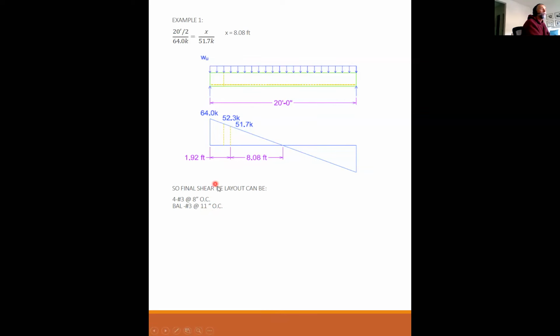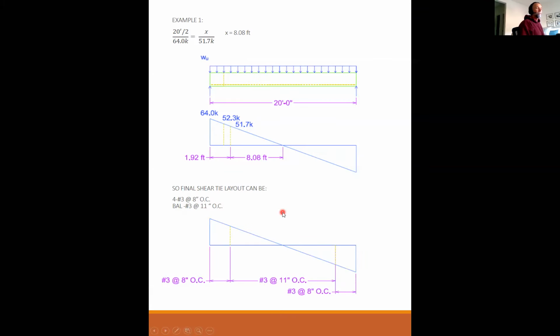So my final shear tie layout can be 4 number 3s at 8 inches and then the balance of number 3s at 11 inches. And it will look like this. Okay, so any questions on this, on the shear design?